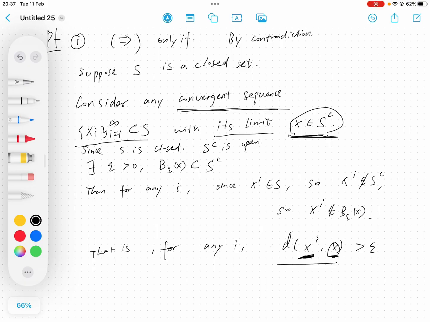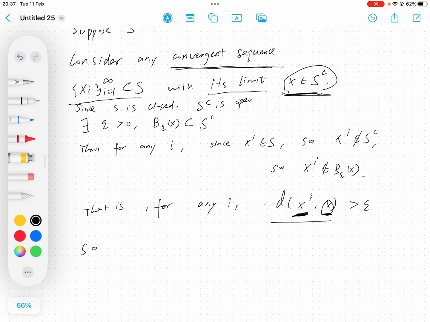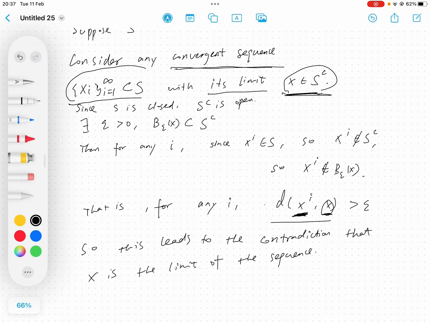So that would be a contradiction, right? Maybe we should write that this leads to the contradiction that x is the limit of that sequence. Okay, so that's simply the sequence.